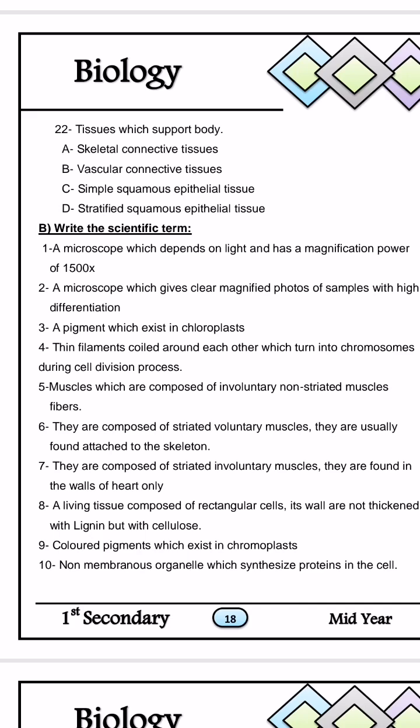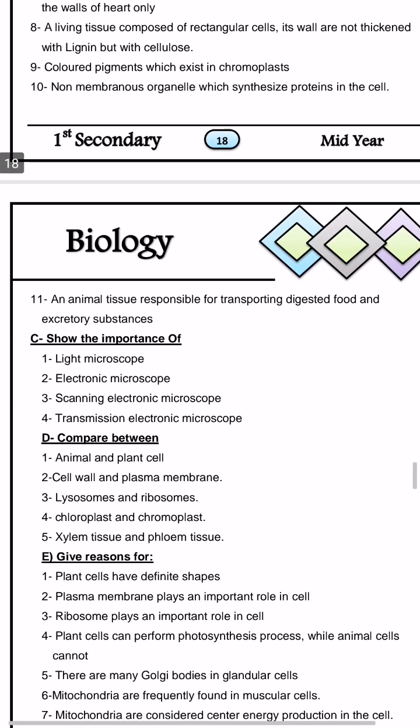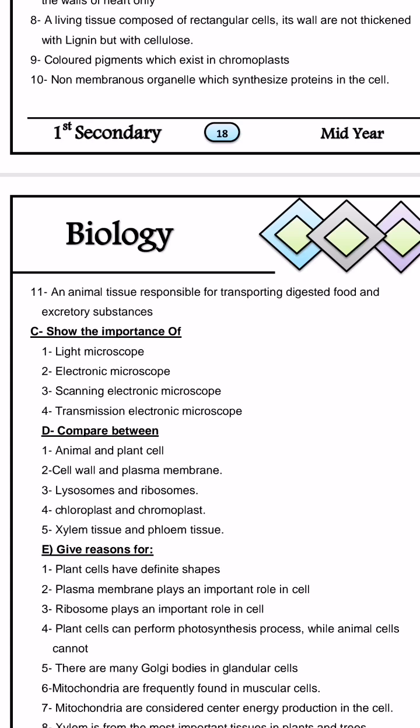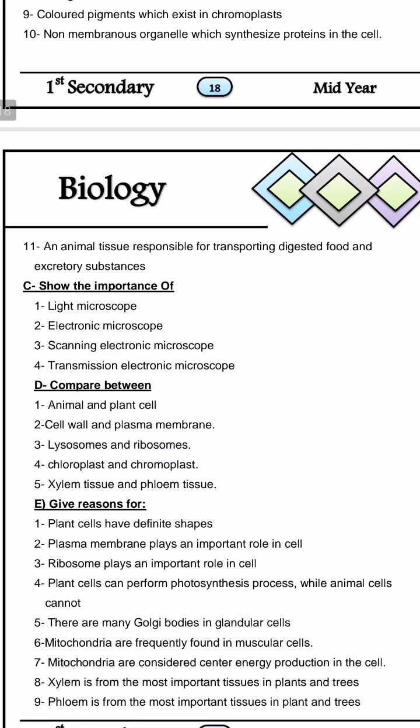Number 10. Non-membranous organelle which synthesizes protein in the cell. The answer is ribosomes. Number 11. An animal tissue responsible for transporting digested food and excretory substances. The answer is vascular connective tissue, like blood and lymph.